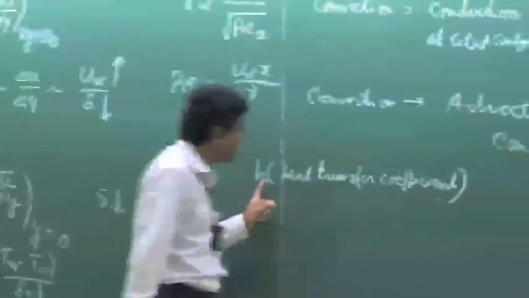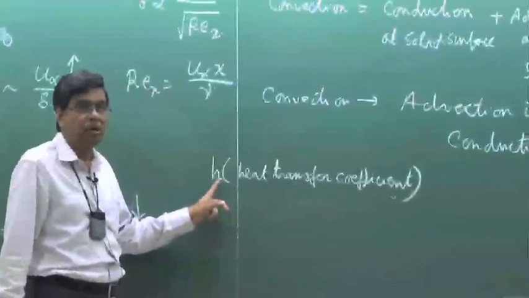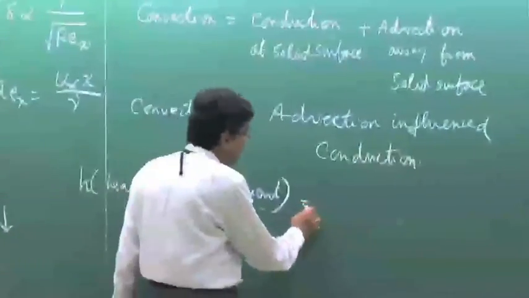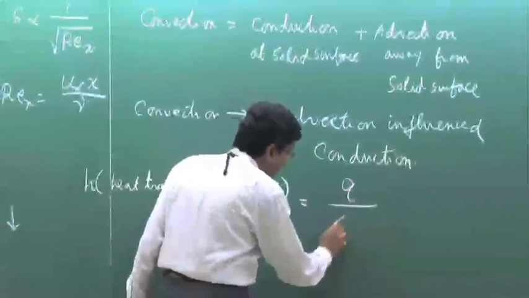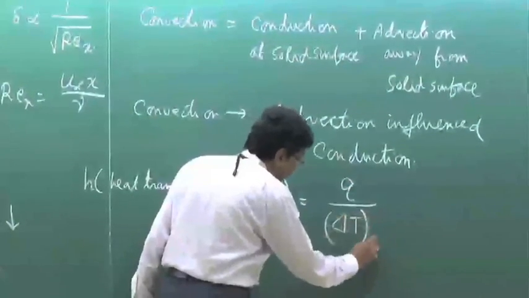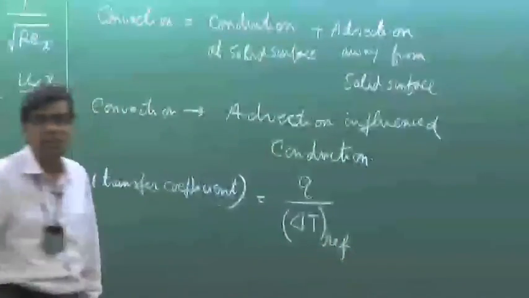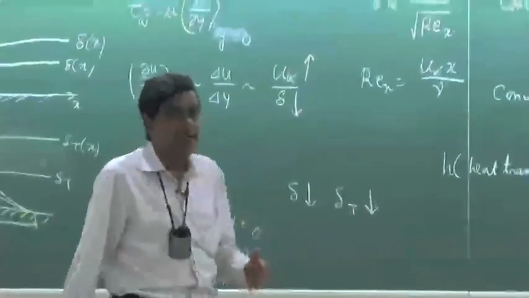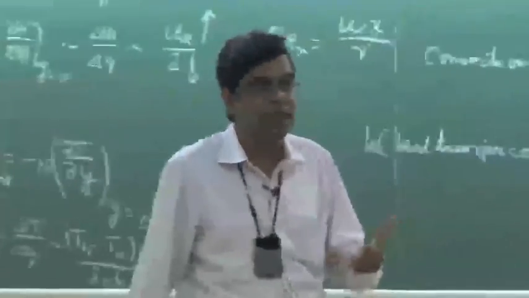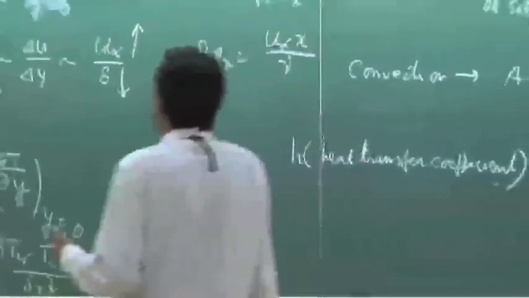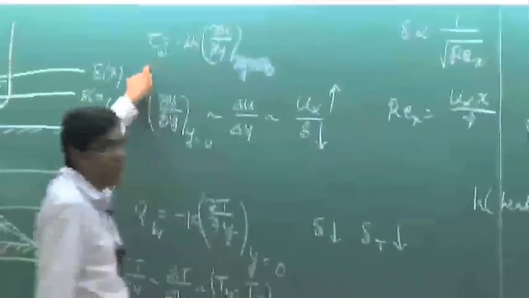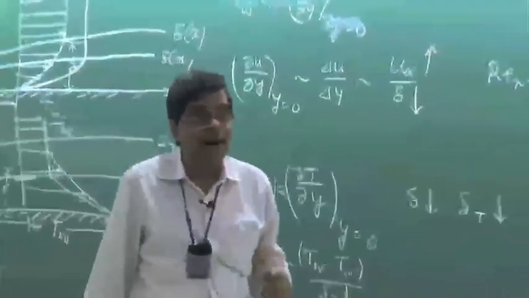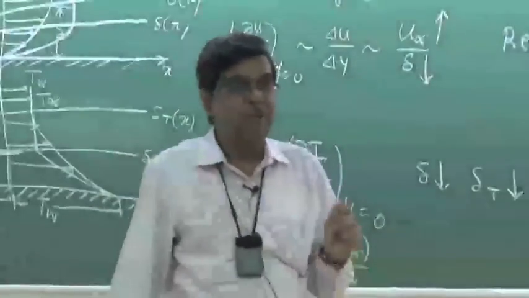The heat transfer coefficient is a terminology we define in convection as the heat flux divided by some reference temperature difference. If you make an analogy, it is similar to the skin friction coefficient in fluid flow, which is defined as shear stress divided by a reference velocity head, half rho v square, with reference velocity v.